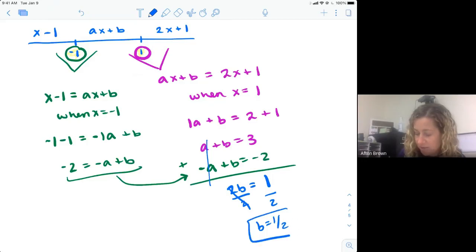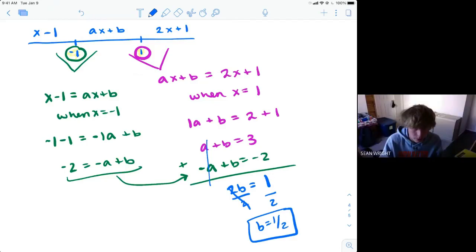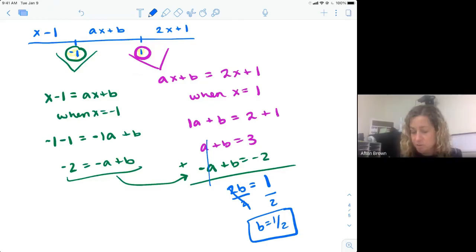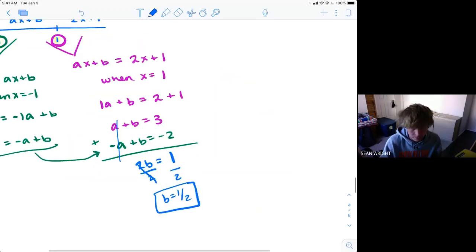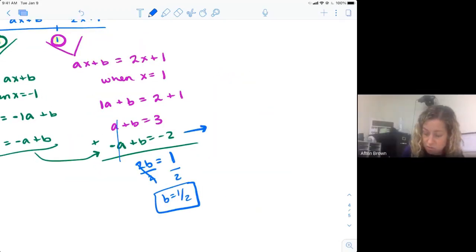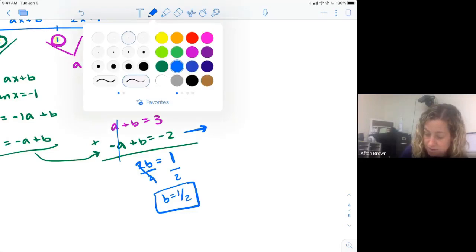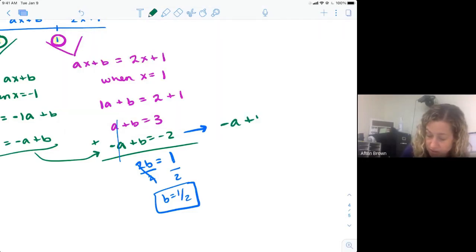How are we going to find a? Would you plug b in for b? Good, good. Which equation do you want to plug it into, Sean? The purple one or the green one? Let's do the green one. Great. And it could be either one, so you just choose one. So the green equation was -a plus b equals -2.